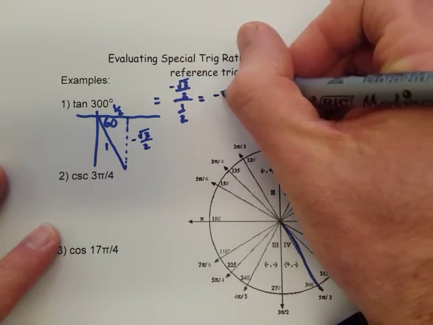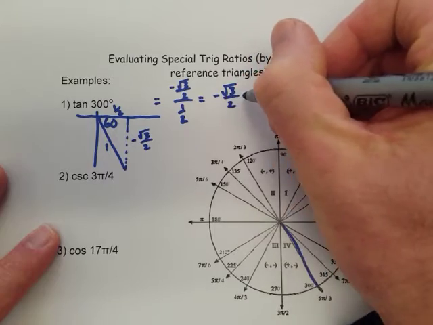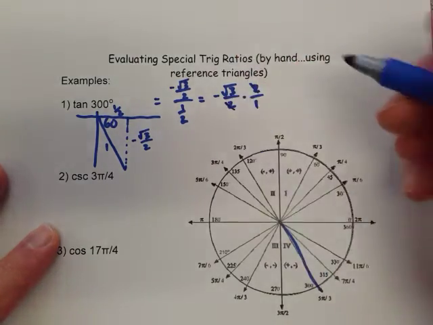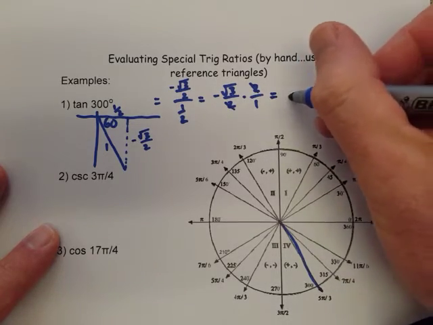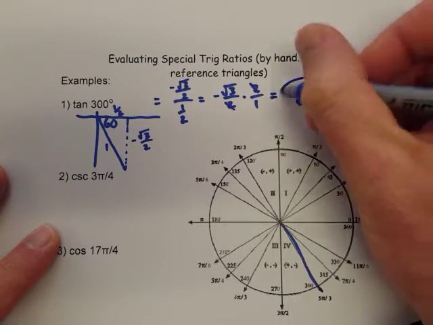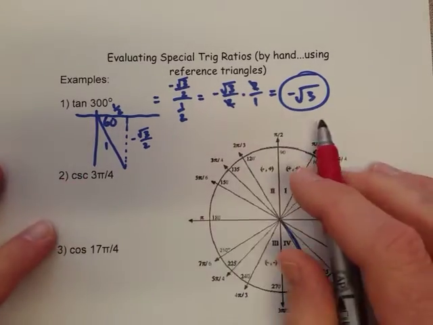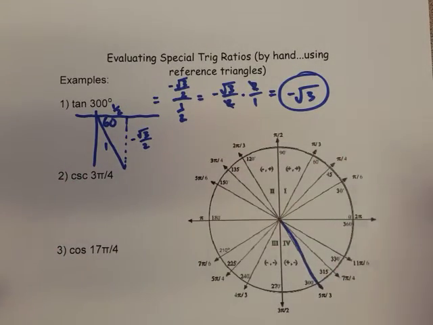So now we're talking negative square root of 3/2 times 2/1. And then the 2's cancel, and what we're left with is just negative square root of 3. All right, so that's going to be the tangent of 300. Notice that we didn't do any calculator work to get that. We just do this all by hand by drawing a picture. We're going to do the same thing for these other ones as well.